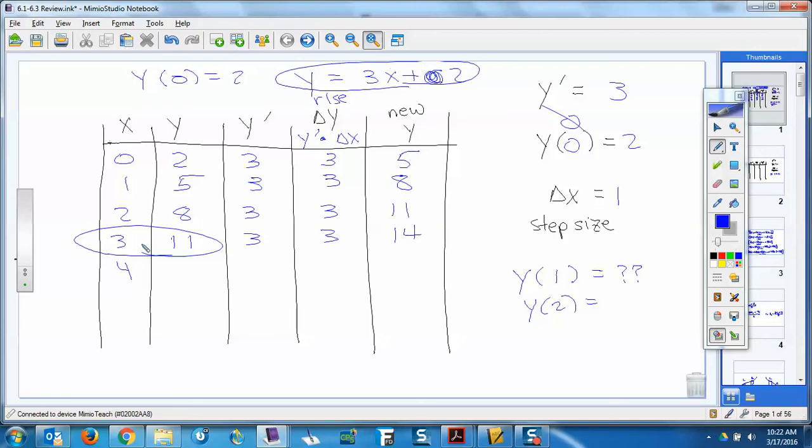Because what does Euler's method do? When you calculate that the slope is 3, it assumes that when you step over 1, it's going to stay 3 that whole time. Most of the time, it doesn't stay 3 that whole time. The slope is changing. But is it in this problem? The slope isn't changing. This is like a flat graph for a left rectangle.